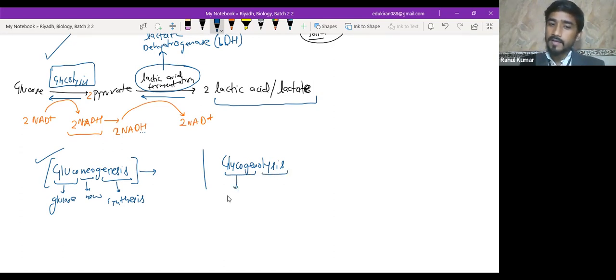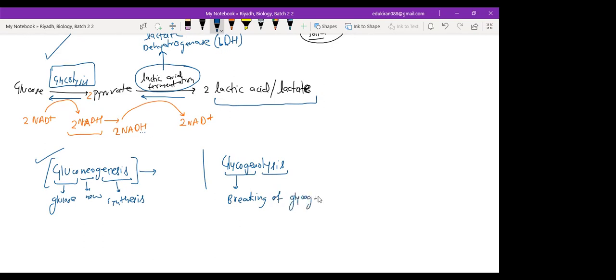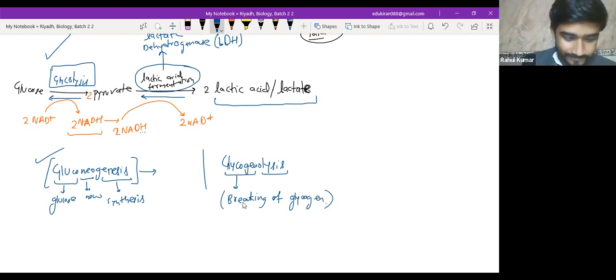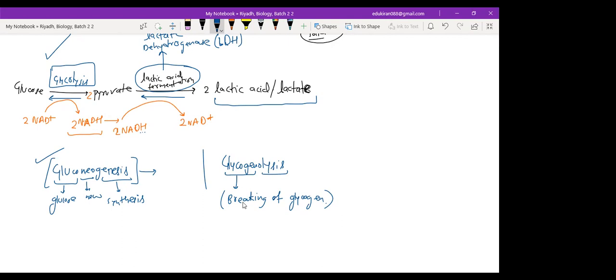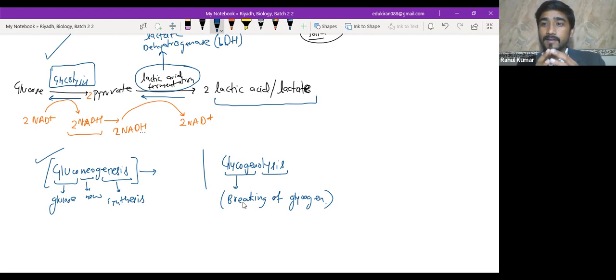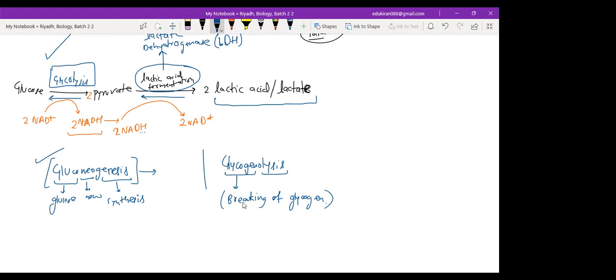Glycogen means you are breaking glycogen, correct? What is glycogen? Anyone remembers glycogen? It's the stored form in animals. It's a long chain of glucose.